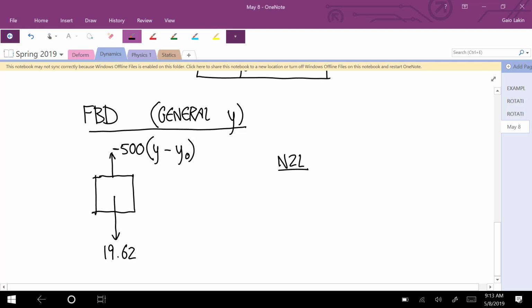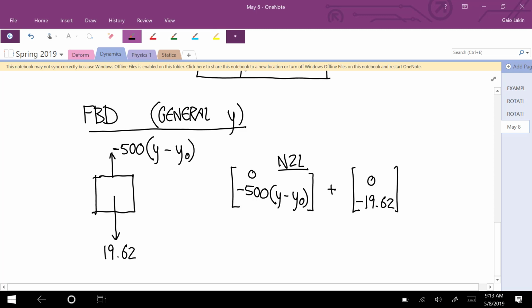And so Newton's second law says, this is the y component, negative 500 times y minus y0 plus 0, negative 19.62 is equal to, this time there is an acceleration, so we have a mass of 2 and an acceleration a.